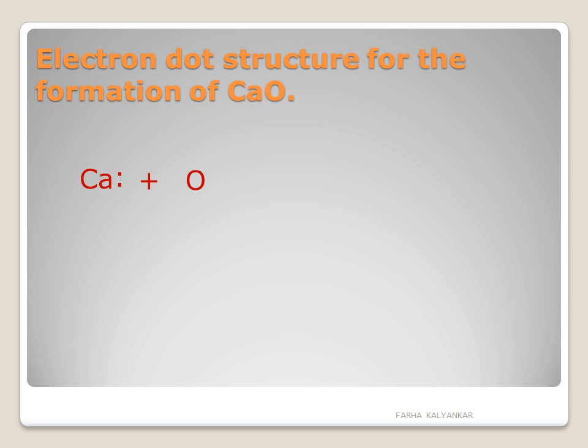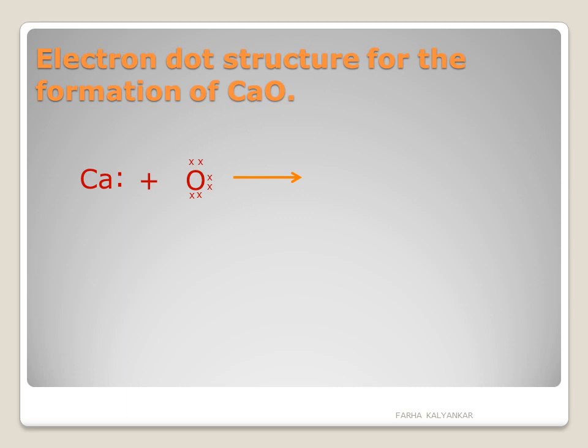Here I will be using X to represent electron from another atom. So oxygen, we all know, has 6 electrons in its outermost shell, which I will be representing as this.